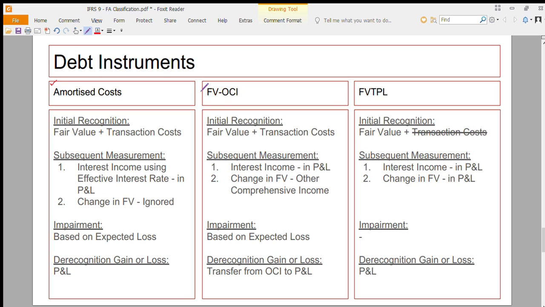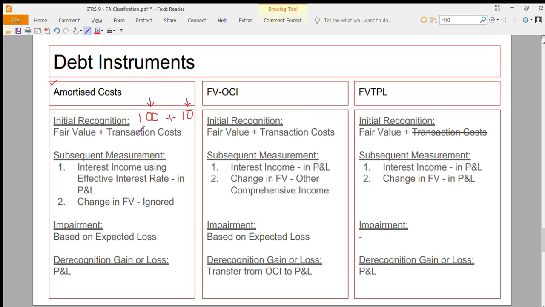Initial recognition is when you buy an asset, you decide what should be the value of the asset in the book. So for example, if you buy an asset for $100 and then you incur $10 more as transaction cost, for example, in this case, if it is brokerage charges or processing charges, what will be the accounting treatment?